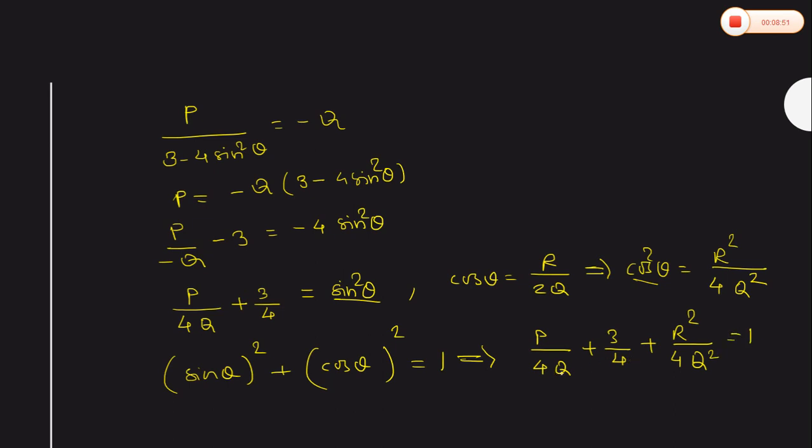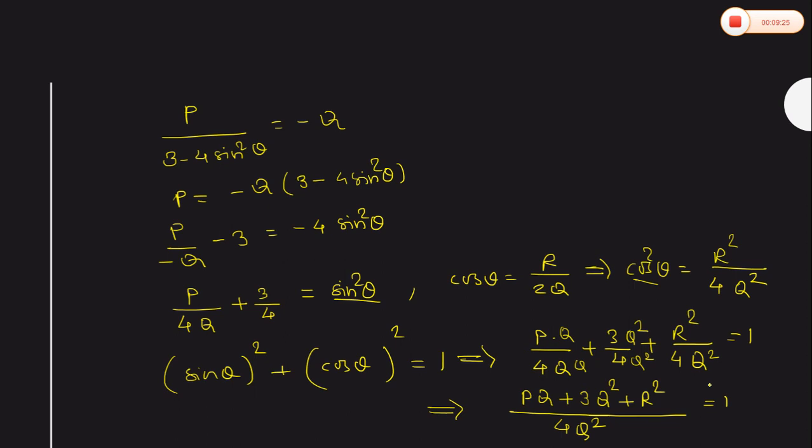Now this denominator is 4Q, so I will multiply by Q in the numerator and denominator. I will multiply by Q square in the numerator and denominator, so that the denominators of the three fractions will become the same. So now it is a common denominator, that is 4Q square, and this is PQ plus 3Q square plus R square is equal to 1.